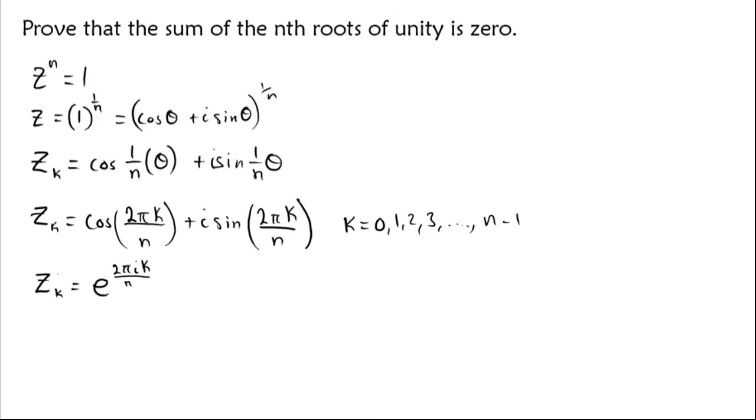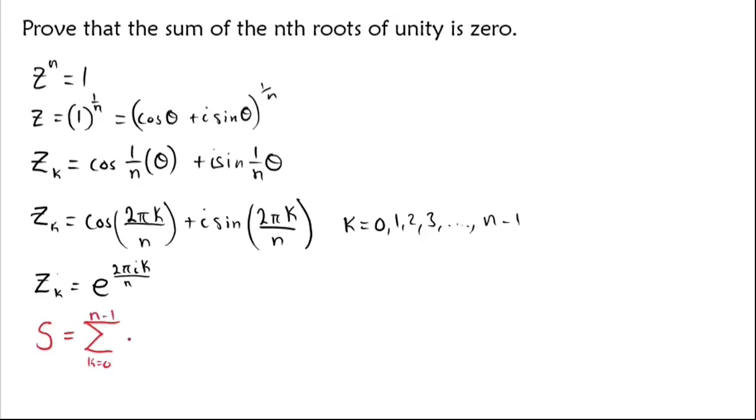So this means that to express the sum of the nth roots of unity, the sum s of the nth roots will be given by the following expression. So sum of terms, we'll just use s for sum, like this. So this is equal to the summation, where k starts from 0, all the way up to n minus 1, like we said there.